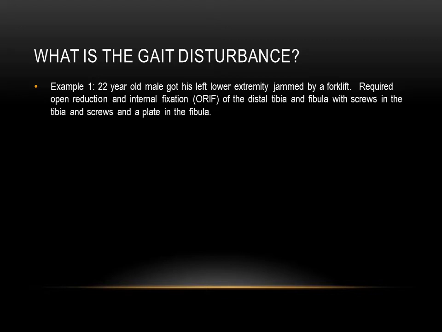This is a 22-year-old male who had his left leg jammed between a metal pole and the forks on a forklift, and it resulted in a crush of the distal tibia and fibula. This required open reduction and internal fixation with the placement of screws and plates both in the tibia and the fibula.